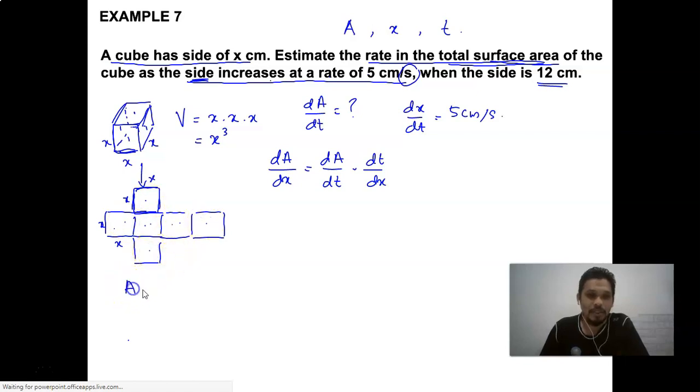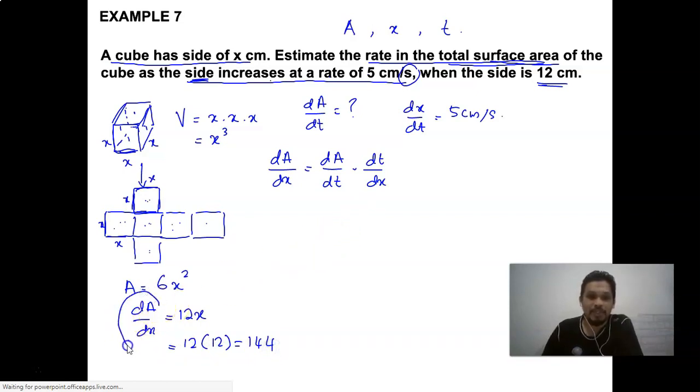So A is equal to 6 times the box because there are 6 surfaces here, and every surface we calculate as x multiplied with x, so 6x squared. Then dA/dx equal to 12x. There you go. Okay, and then when the side is 12 centimeter, 12 times 12 equals 144.